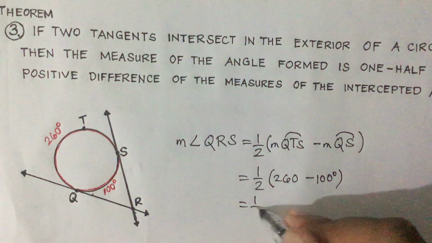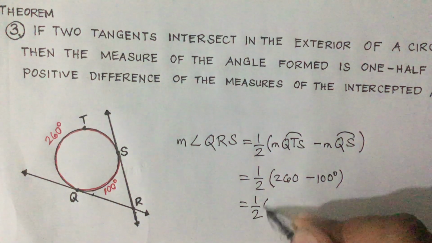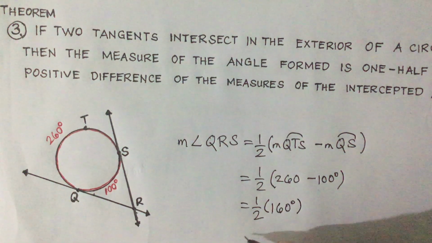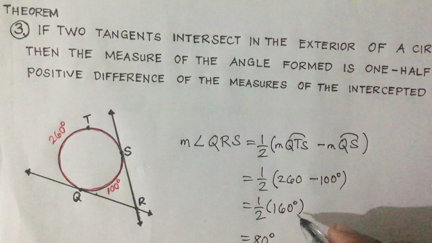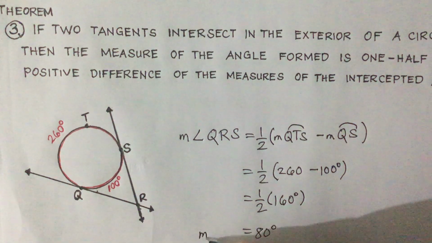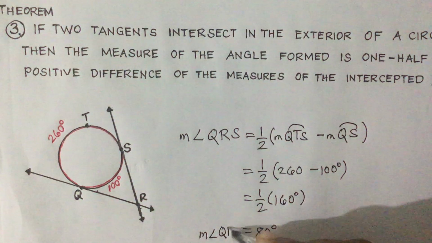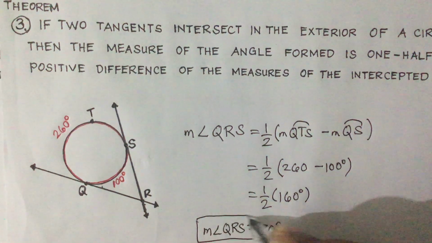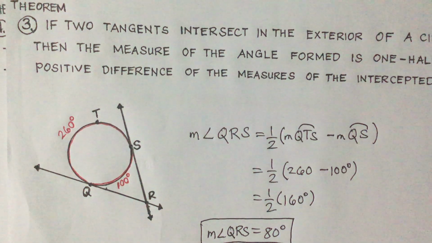So we have 1/2 of 260 minus 100 is 160 degrees. So 1/2 of 160, and that is 80 degrees, or 160 times 1 divided by 2, and that is 80 degrees. That is the measure of angle QRS. So mo ni siya ang measure of angle QRS for theorem number 3.